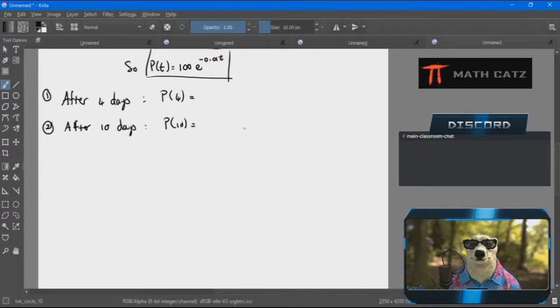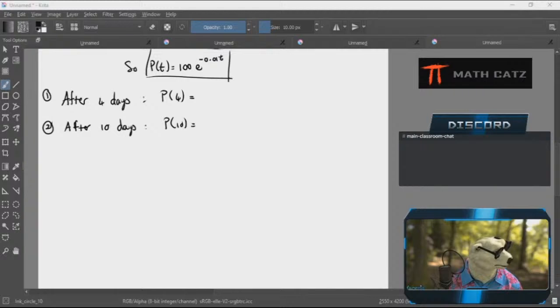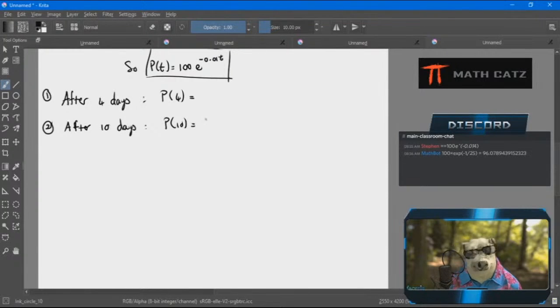So 10. So let's do that to not skip anything. So for the first one, I get 96.08, and the unit here is percent.